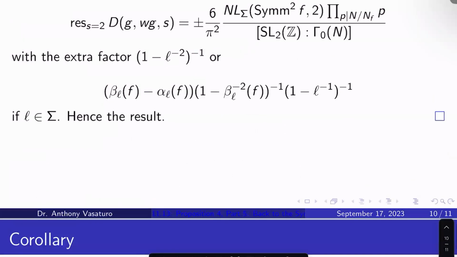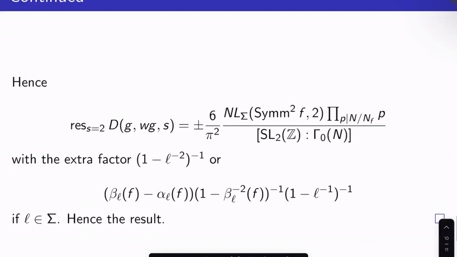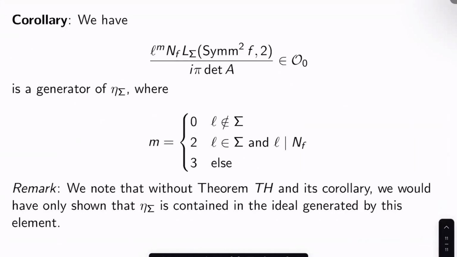What we really need from this is the following corollary that we will use later. It says the following: we have L to the m times n sub f times L sub sigma of sim squared of f evaluated at 2 divided by I pi det A is in that O naught from earlier. And as a matter of fact, it is nothing but a generator of the congruence module eta sub sigma.